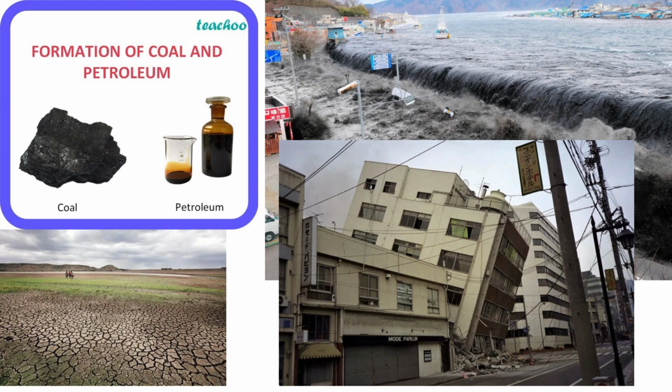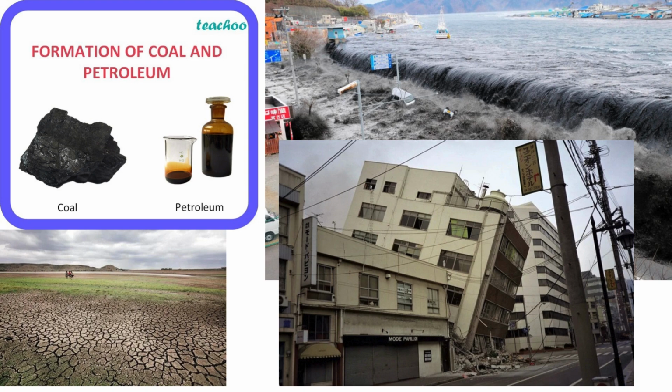Second one is earthquakes. Do you know earthquakes? Earthquakes can cause landslides, tsunamis, and other geographical disturbance that impact ecosystems and habitats. Natural disasters like floods, drought, and others can cause significant environmental damage and disrupt ecosystems.